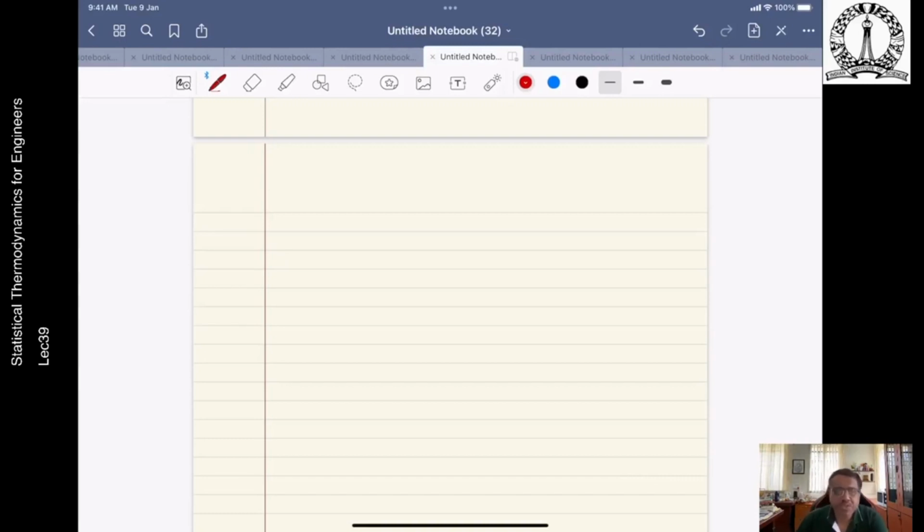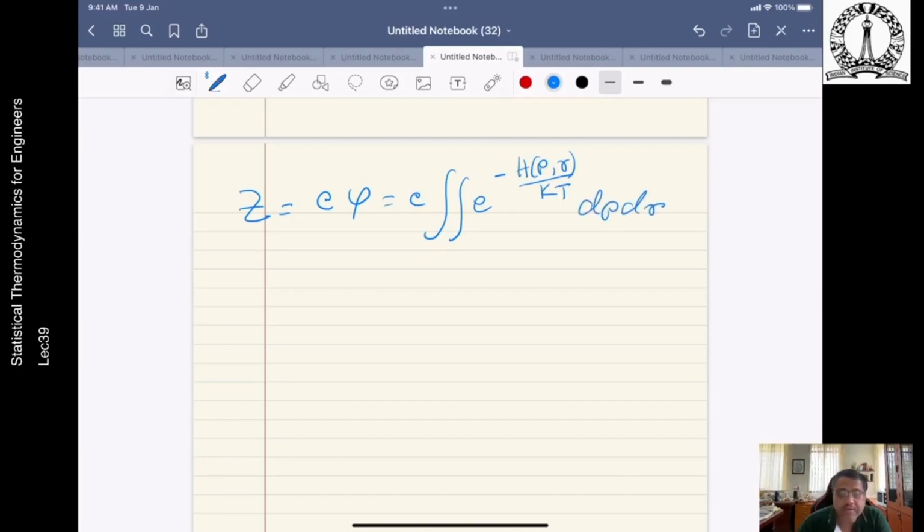So we just now saw that, we write it once again, Z is equal to C double integral exponential minus H by KT dq dp.